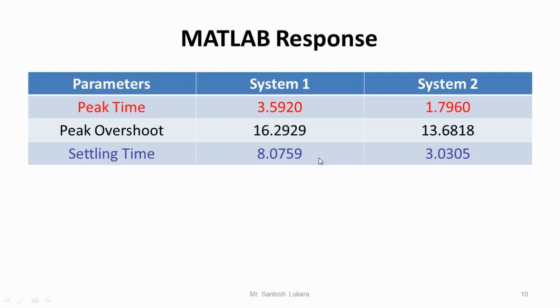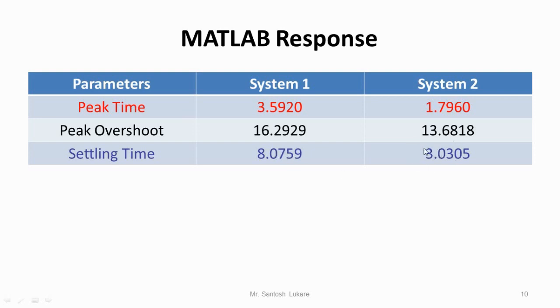For the same, the settling time for the first system is more than 8 seconds, and for system 2 it is 3 seconds. In other words, the blue color plot requires more time to settle down as compared to the red one.